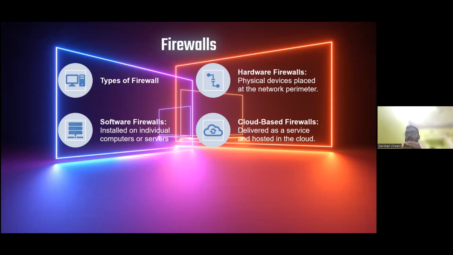That was software firewalls. And next is cloud-based firewalls. What does a cloud-based firewall do? For example, if I am a business and I have my website hosted on a particular cloud server, I will configure a firewall on that web server, specifying that this particular thing should be accessed and this particular thing should not be accessed. These are called cloud-based firewalls. So these were the types of firewalls.